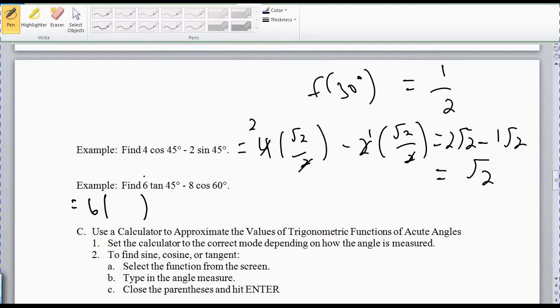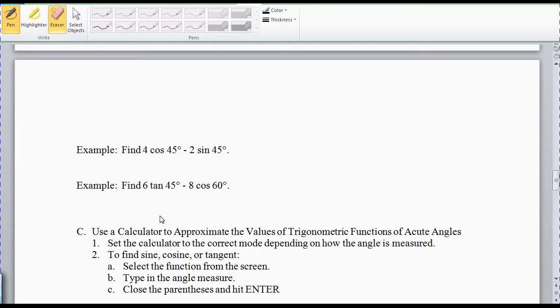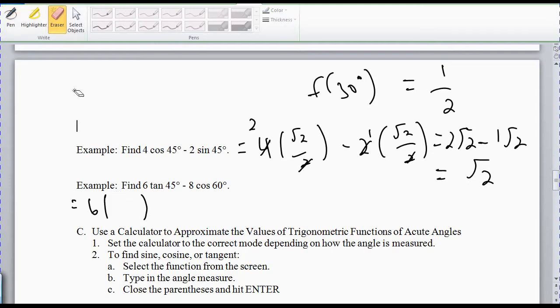Well, sine of 45 is square root of 2 over 2. And cosine of 45 is square root of 2 over 2. Which basically means that anything divided by itself is 1.